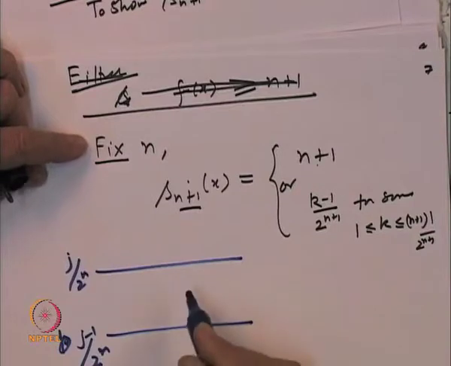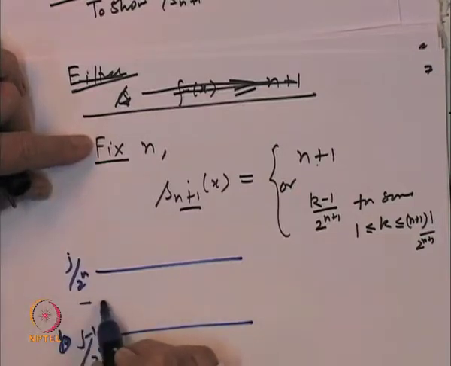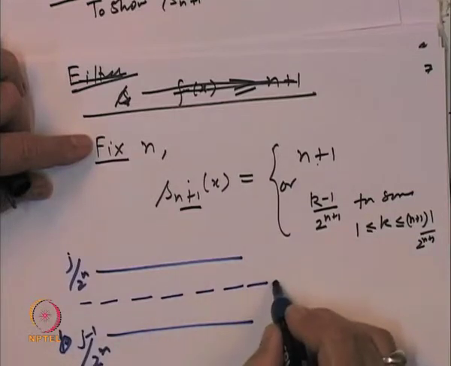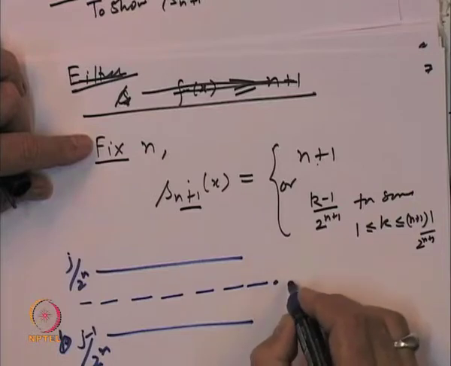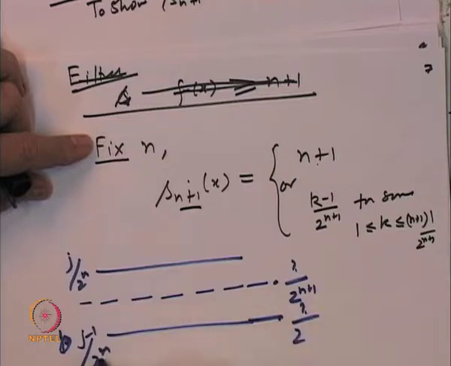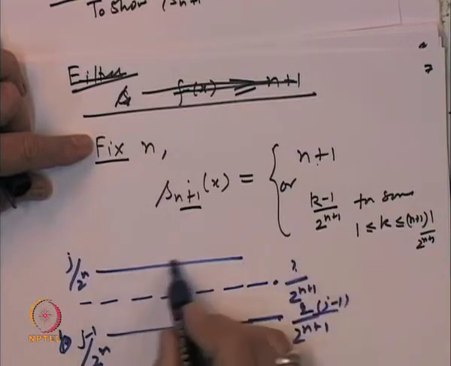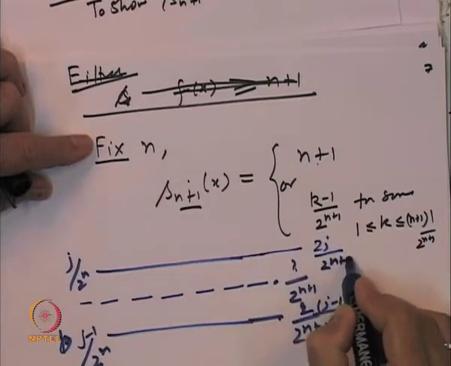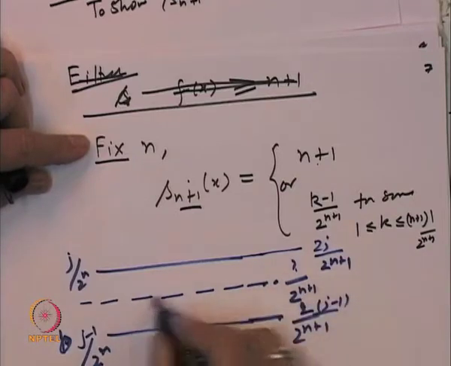Now, at the next stage, what are we doing? We are going to divide this into 2 equal intervals. So, this will be 2 times j minus 1 divided by 2 to the power n plus 1, and this part would be 2 j divided by 2 to the power n plus 1, and that is the middle line in between.